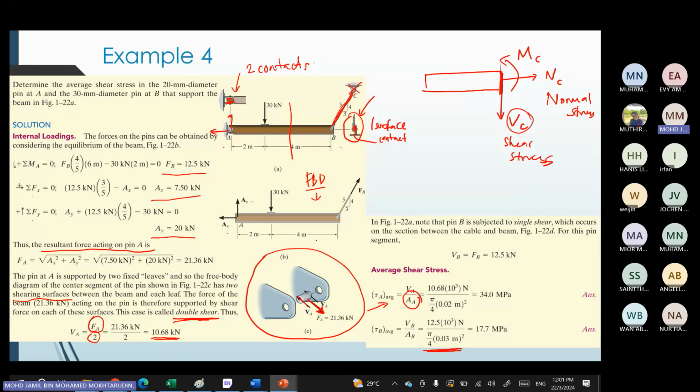We need to know the surface area, and there are other things you need to understand like moment of inertia, and you need to know a lot of things that will be discussed in later lectures, later chapters. Okay, but for now you only need to know about stress at the pin support, maybe in the beam in general.